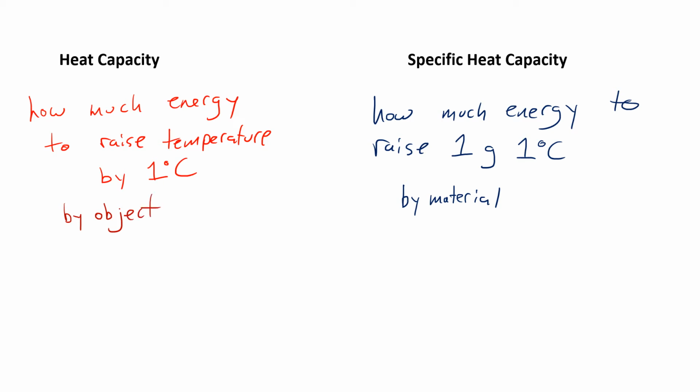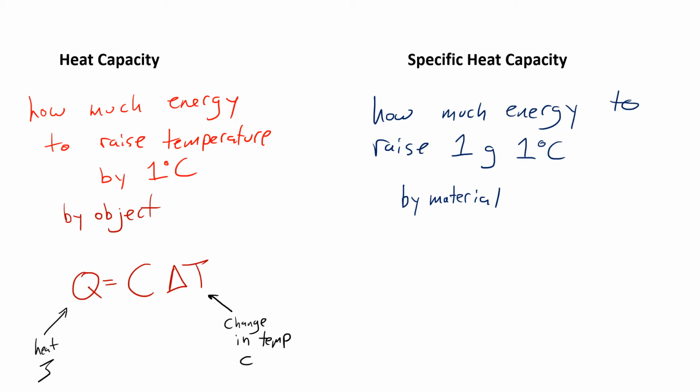All right. So heat capacity, the formula for it would look like this. Q is equal to C delta T. All right. So the pieces here, Q is the heat. Heat is going to be in joules. Delta T is going to be the change in temperature, and that's going to be in Celsius or Kelvin.